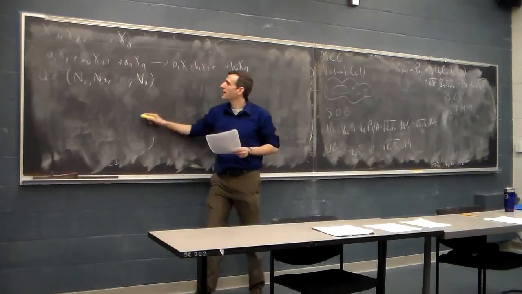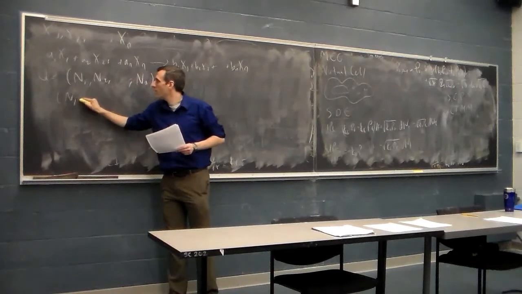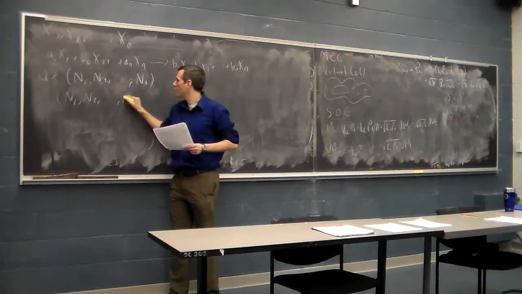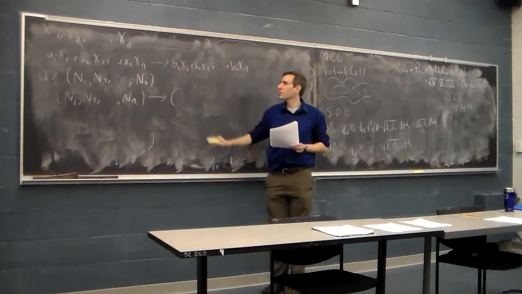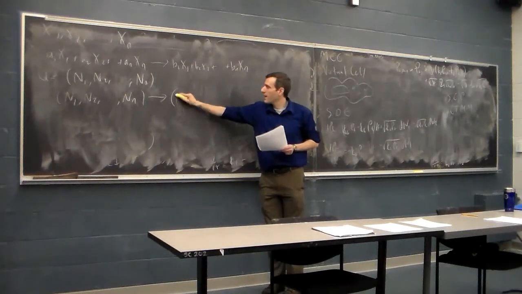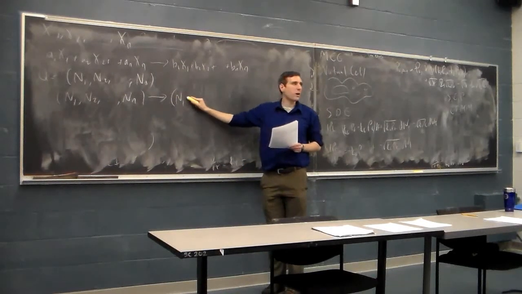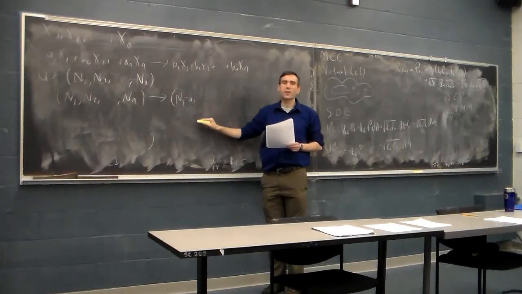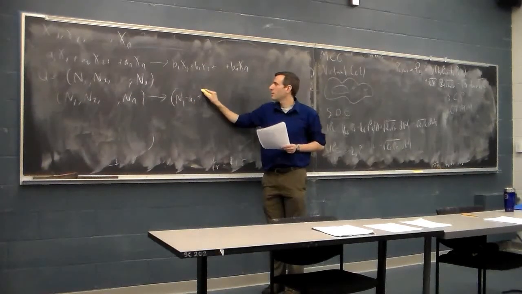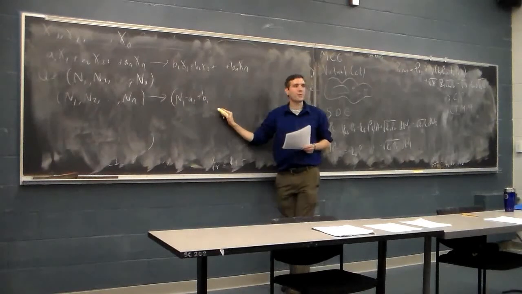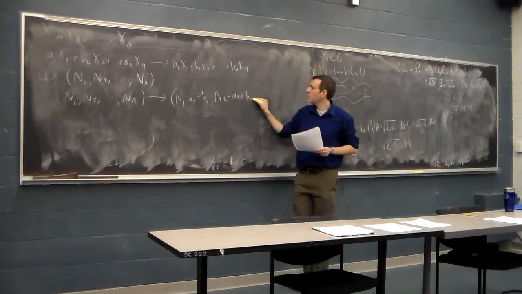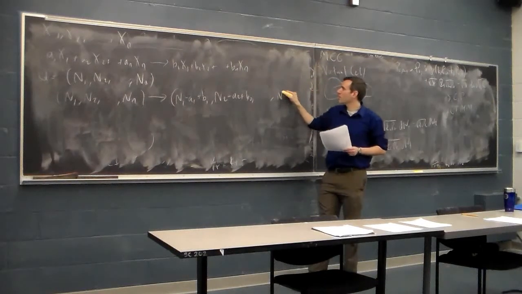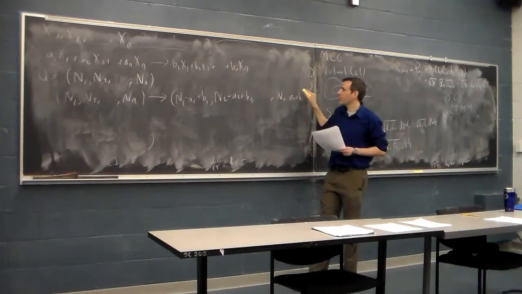And if you have that, then the transition would transform your state from n1 to n1 minus the number of x1s you consume, which is a1, plus the number of x1s you produce, which is b1, n2 minus a2 plus b2, etc., up through n sub little n minus a sub little n plus b sub little n.